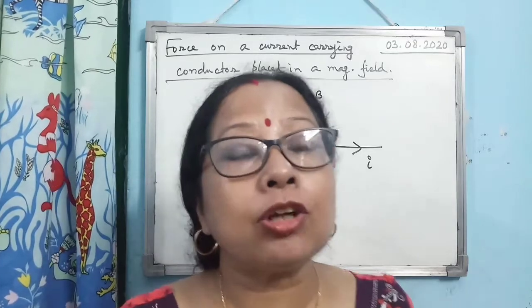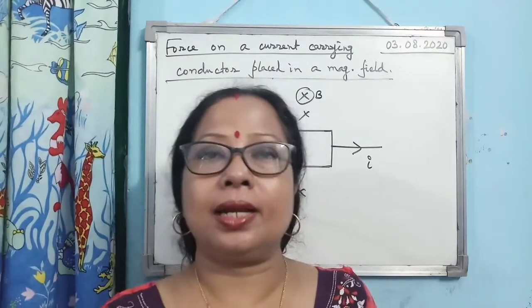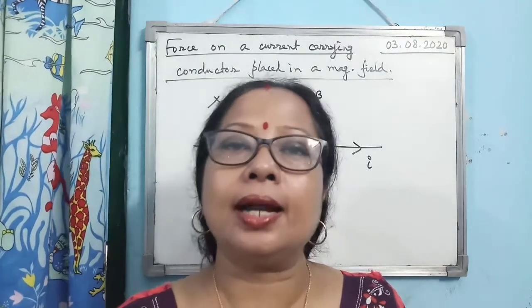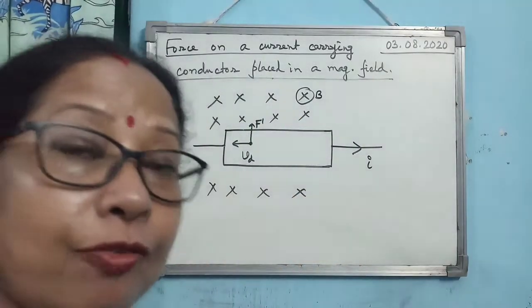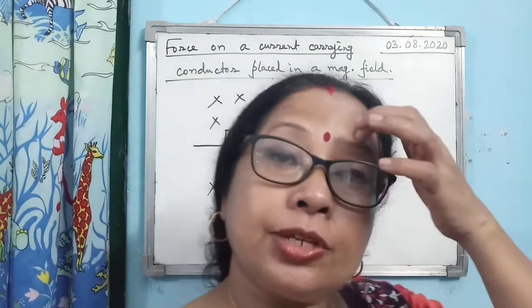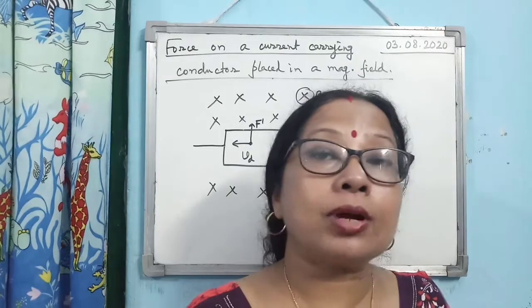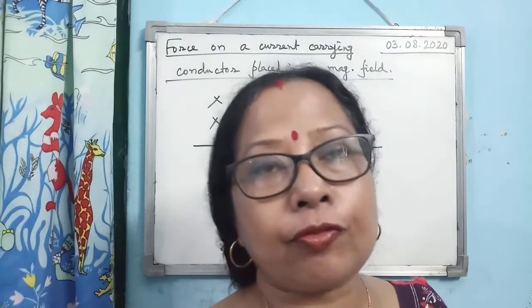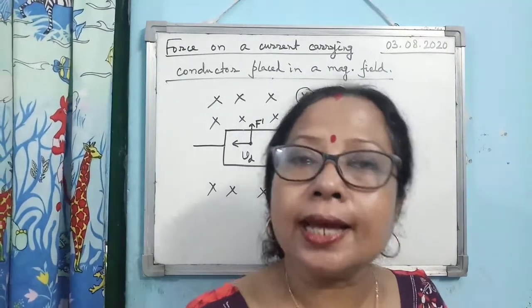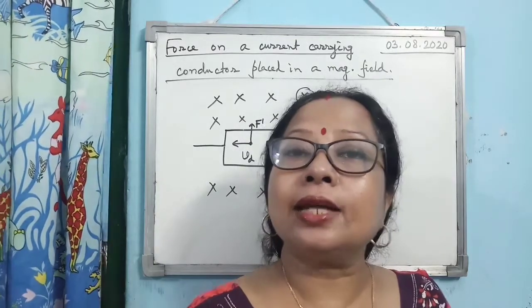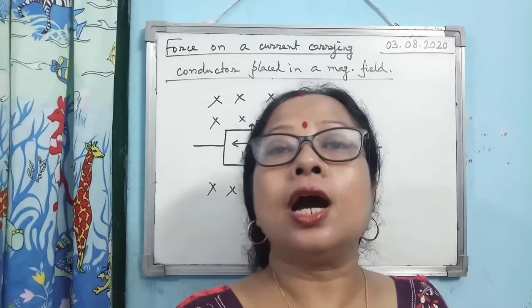Now electrons, as they are charged particles, when the current is passing through the conductor, get drifted with the drift velocity Vd, opposite to the direction of current. So if you consider the free electrons present inside the conductor, due to their drift velocity, the electrons are experiencing a force.